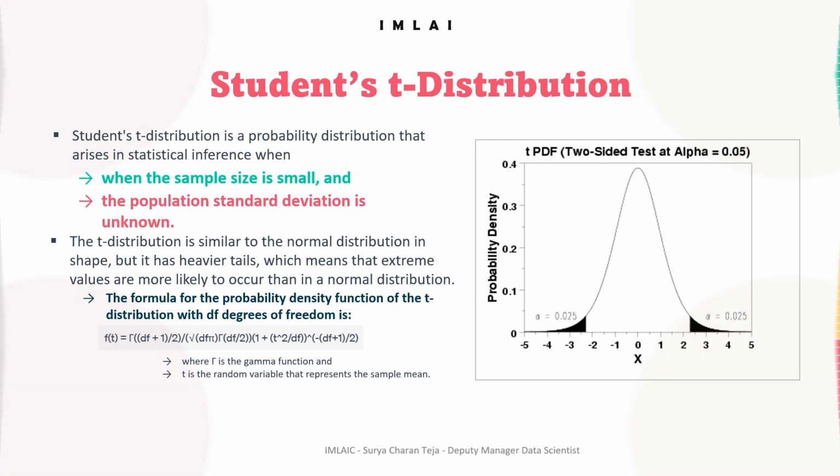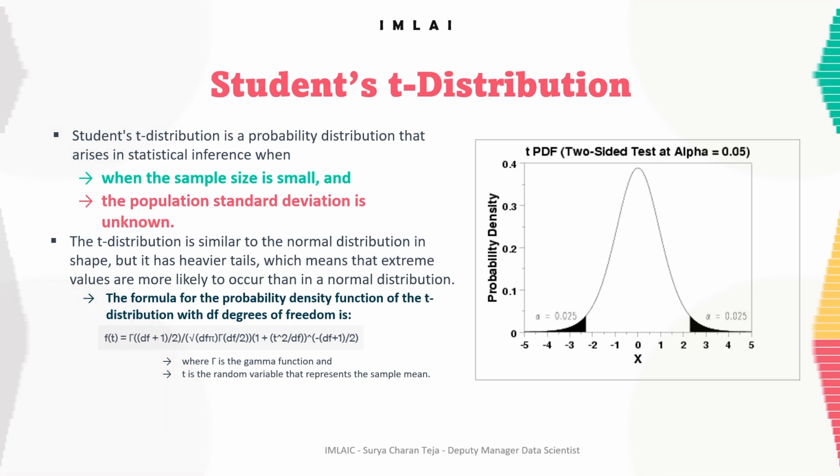If s is the sample standard deviation, the 90% confidence interval around the sample mean is given by the formula x bar plus or minus t(n minus 1, 0.05) multiplied by s divided by the square root of n, and this is what we are going to see in the next slide.